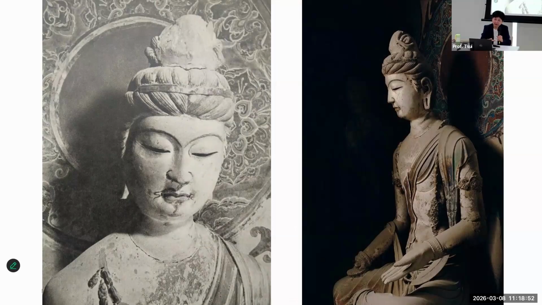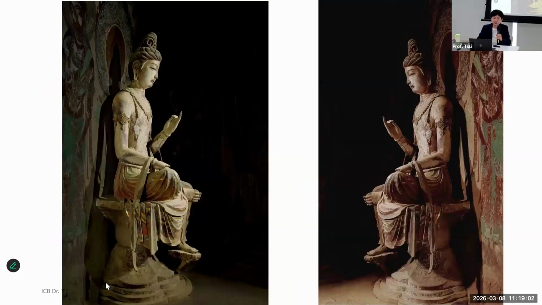So at this time, the Bodhisattva still has the identity of a male form. So we can view from different perspectives. So you can see the very elegant seated posture and hand gesture of the Bodhisattva.